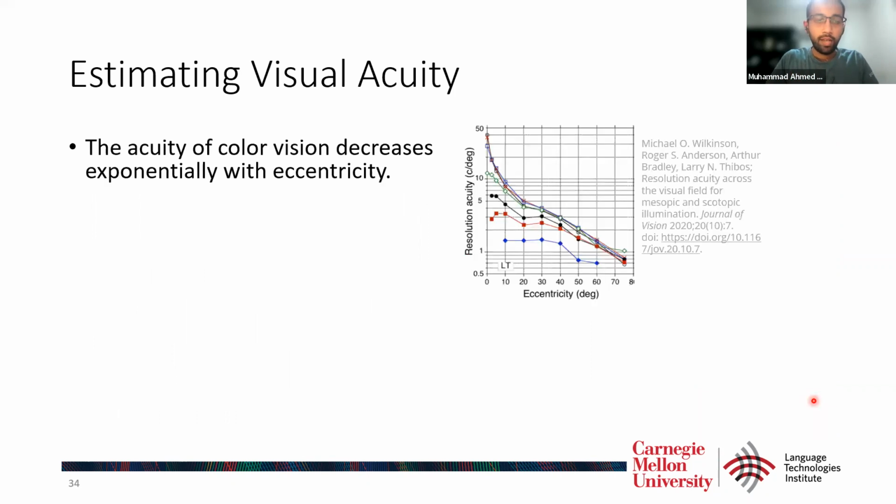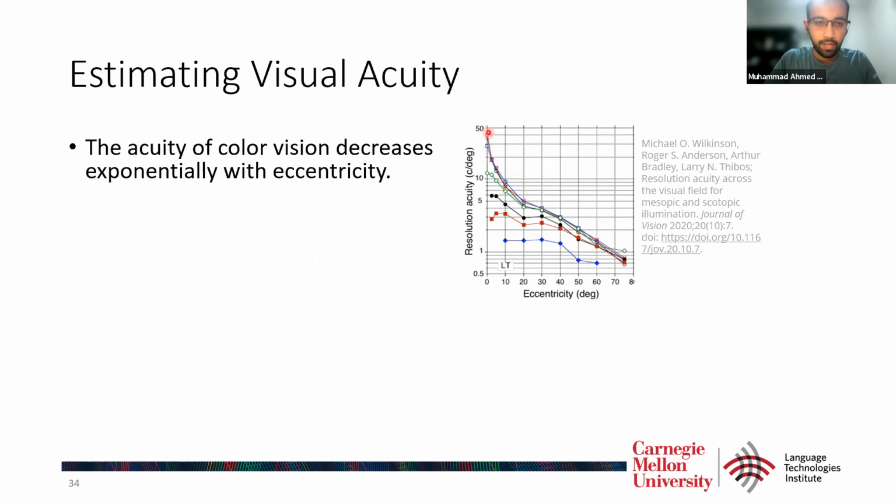Now, as I mentioned earlier, at the fixation point or in the center of the visual field, our vision is the highest fidelity. So fidelity or acuity basically means the same thing. Acuity is a term they use in optics literature.